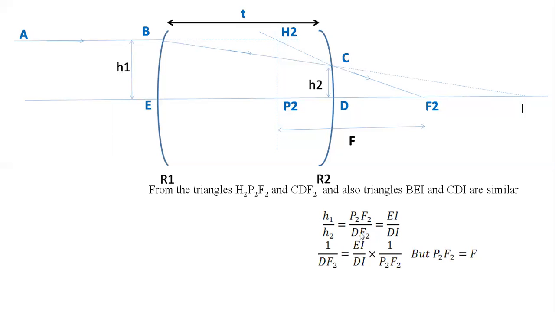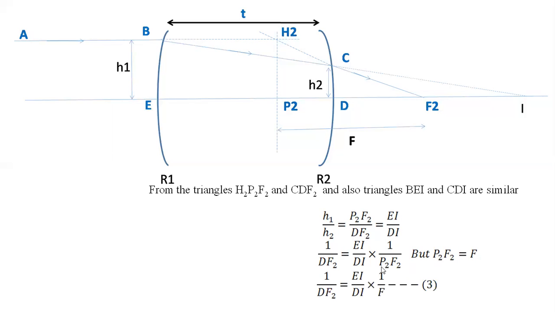And therefore the equation for 1/dF2 is equal to EI/DI times 1/P2F2. But we know that P2F2 is nothing but the focal length of the thick lens.